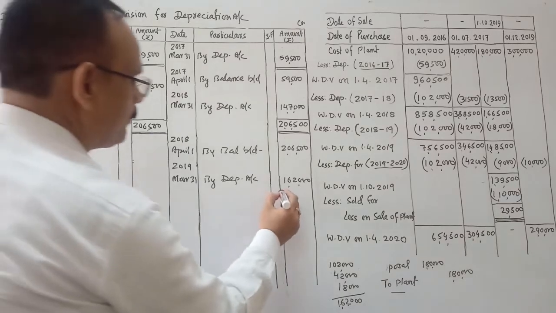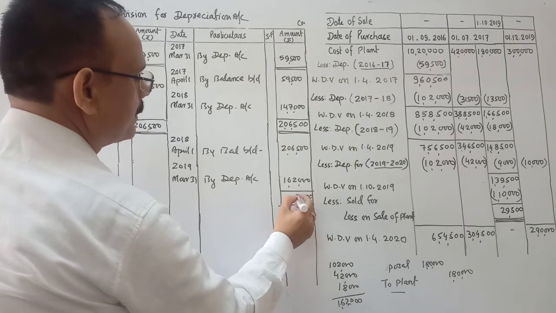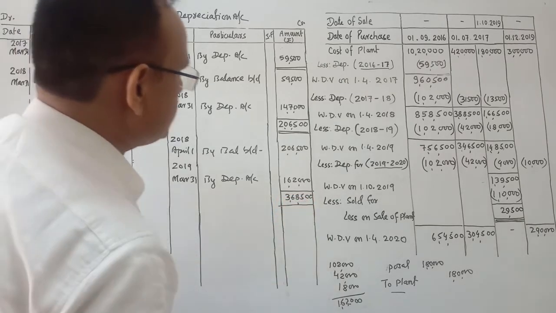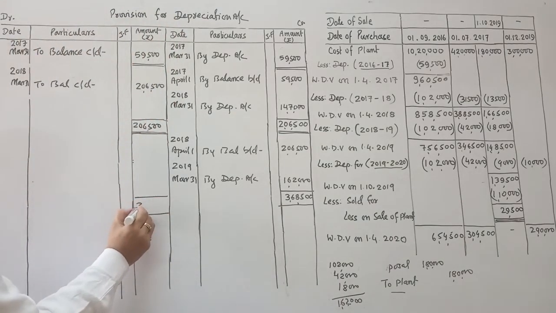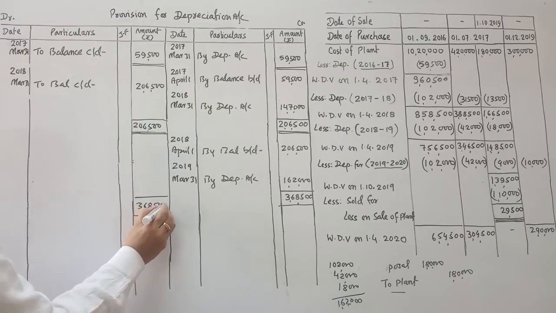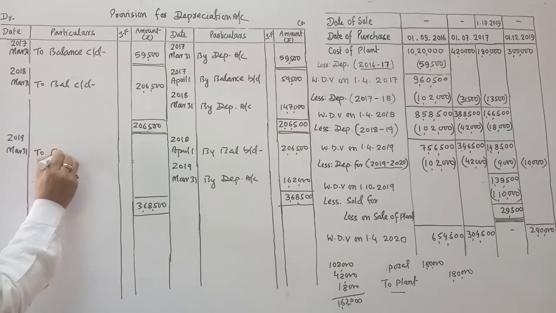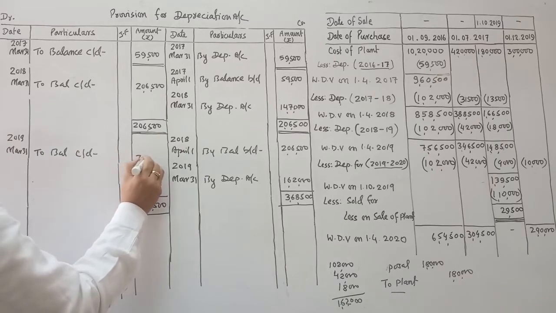Now we will do the total on this side, 3,68,500. Do the same total on this side as well, 3,68,500. So on 2019 March 31st, to balance carried down, 3,68,500.